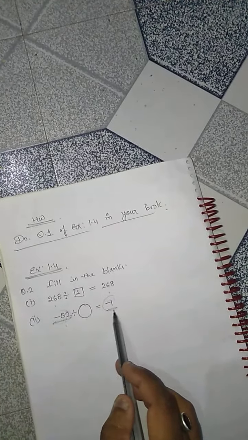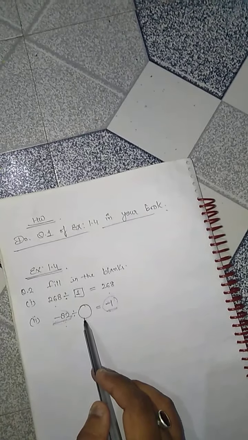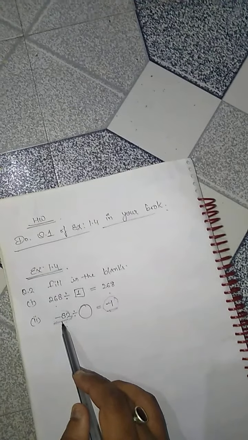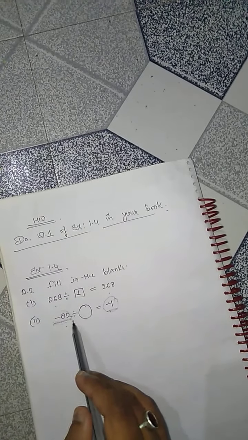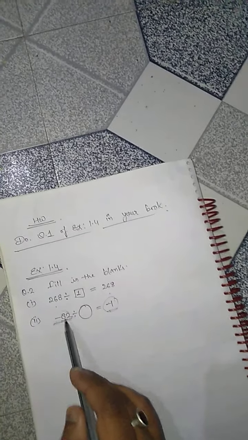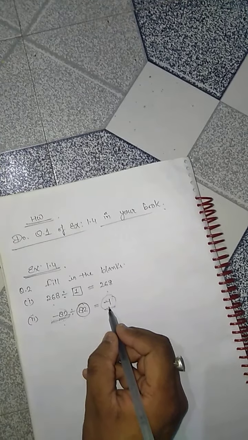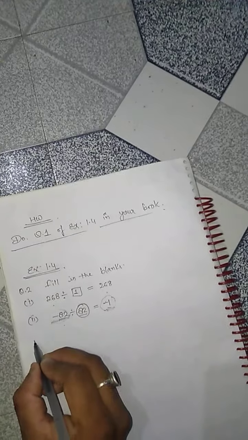But here the answer is negative, so you must divide this negative integer by a positive integer. So on dividing minus 82 by 82, we get minus 1. If we use a minus sign, both are negative, so the answer comes positive. But here the answer is negative, so the answer is 82.